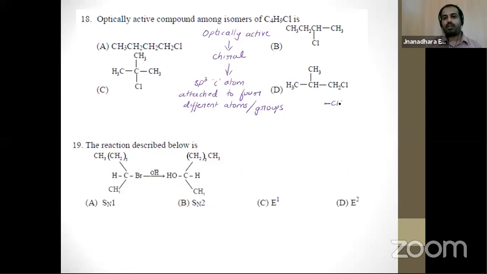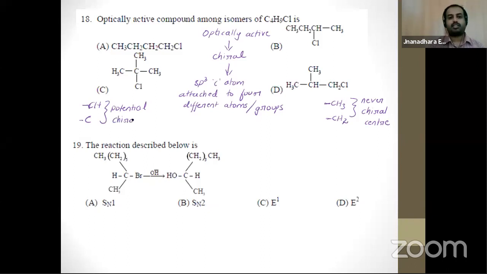In a given organic compound, if you come across CH3 and CH2, these two can never be chiral centers, because you have identical hydrogen atoms here. If you have to spot a chiral center, look for CH and C, carbon with no hydrogen atom attached. These can be potential chiral centers, provided they're attached to all 4 different groups. That's a very important point.